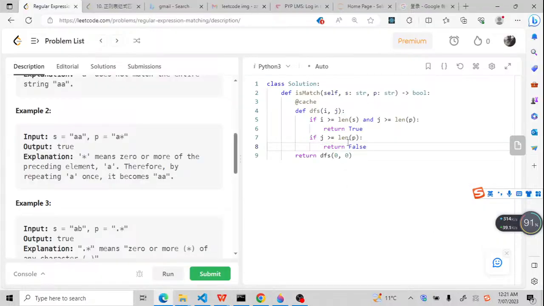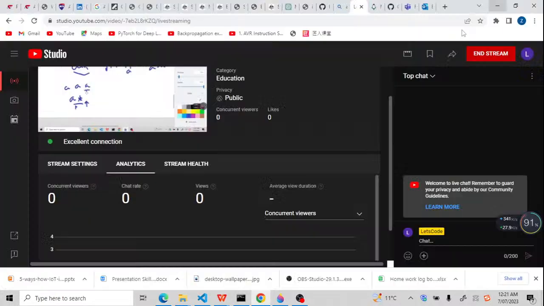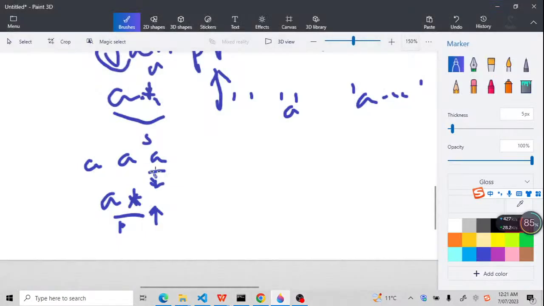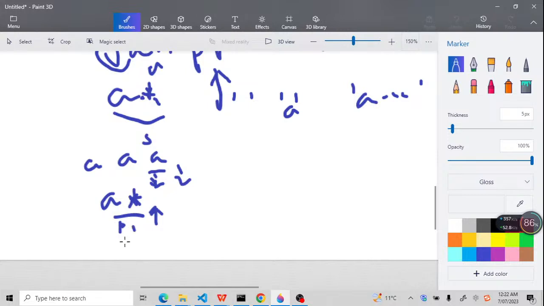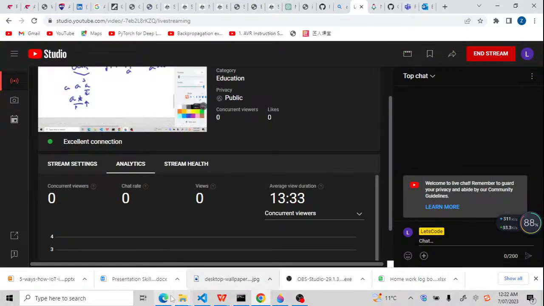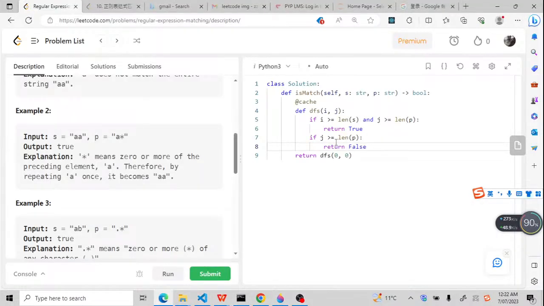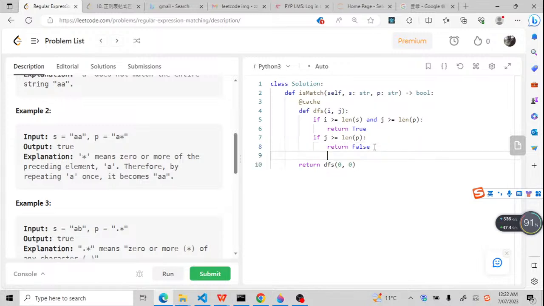But what if I is more than or equal to the length of S? If I goes out, it is still okay, because if J is at this place we have a star, at the first place after A we have a star, it can be empty, so it doesn't matter. It has to be: if J is more than or equal to the length of P, need to return false.